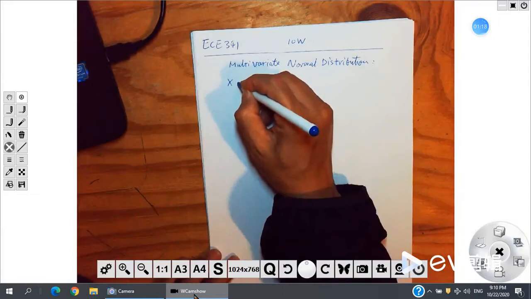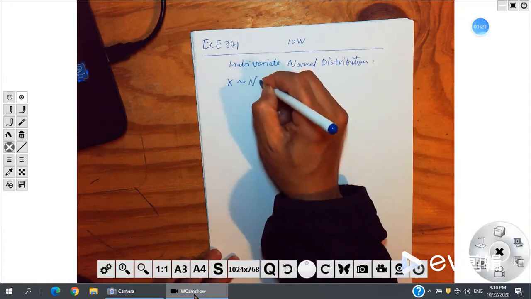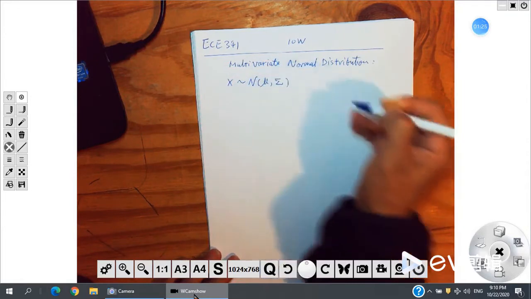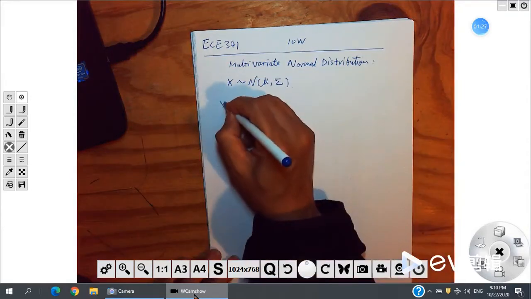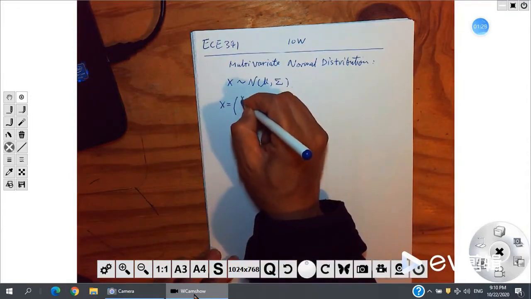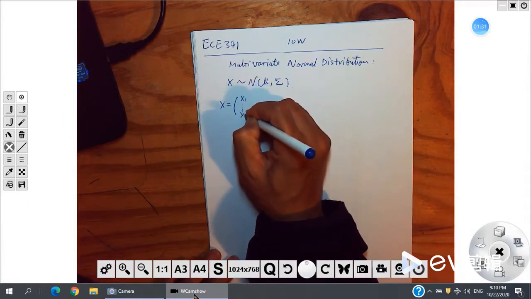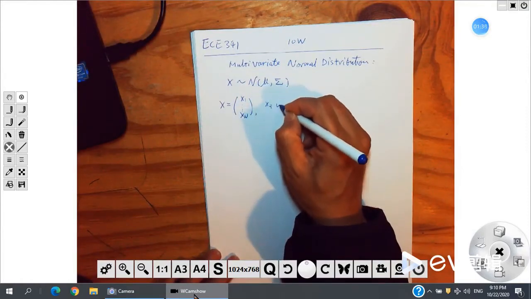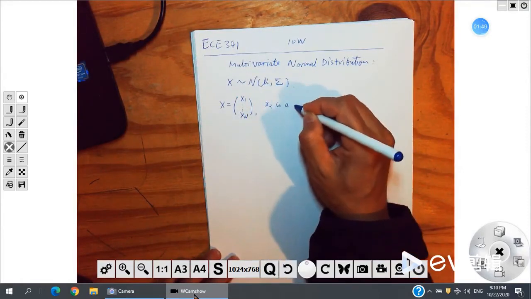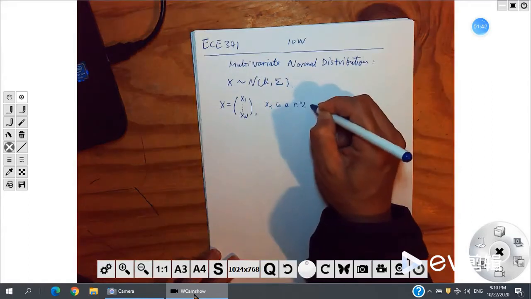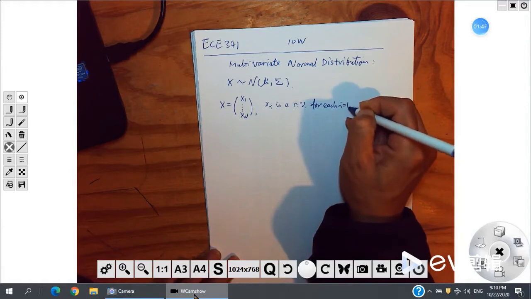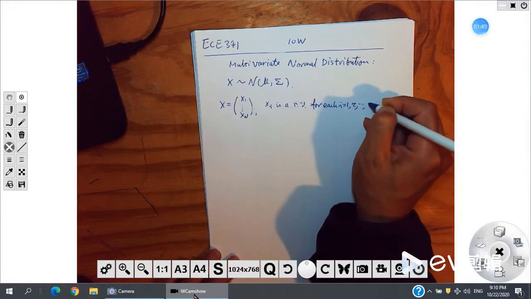Capital X obeys a normal distribution with mu and sigma. Here X equals X1 until Xn. Each Xi is a random variable, for each i running from 1 to n.